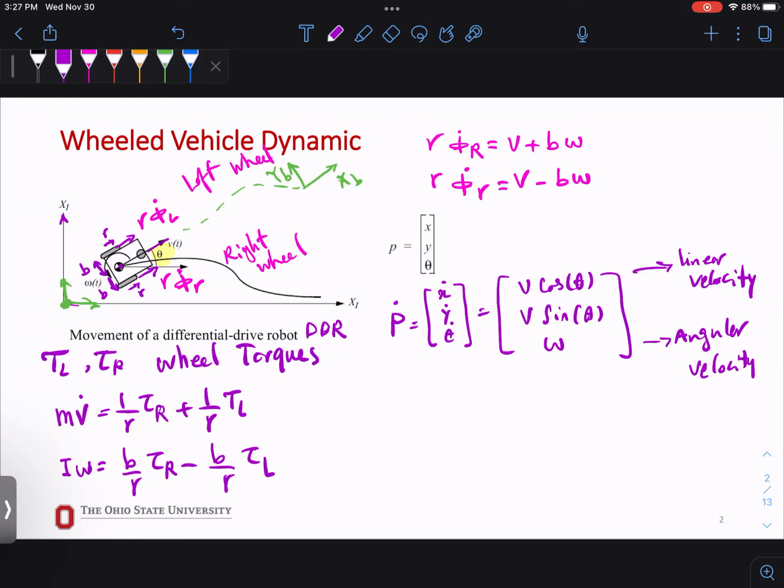Now, I is the moment of inertia at the center of mass, and m is the total mass applied at the center of mass, right? So we have two kinds of velocities, linear and angular. They are going to create two kinds of motion for us, linear motion and angular motion. So we are writing a general equation for this motion.